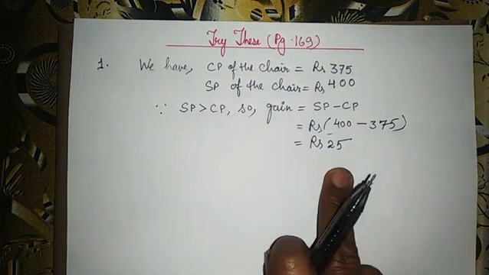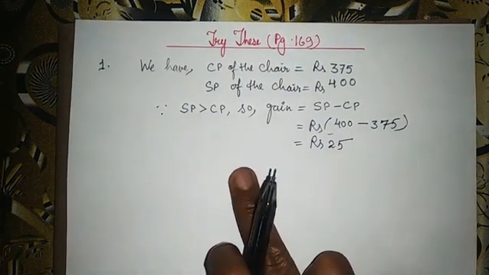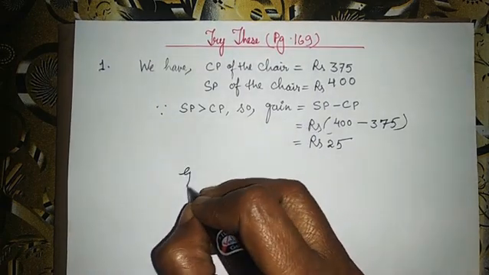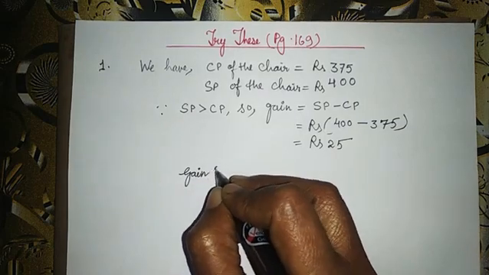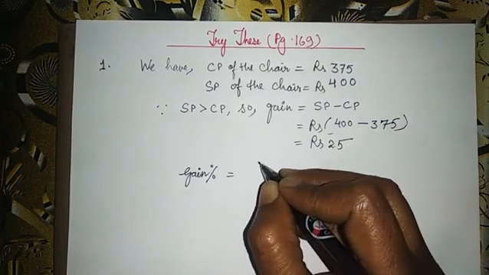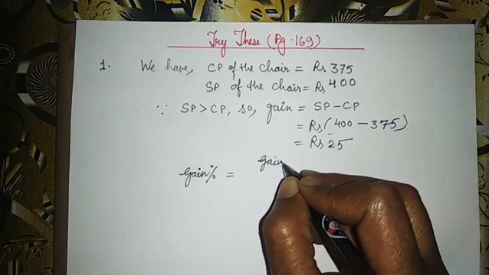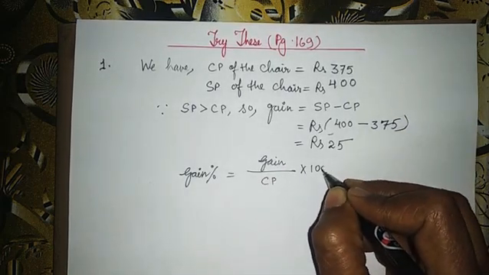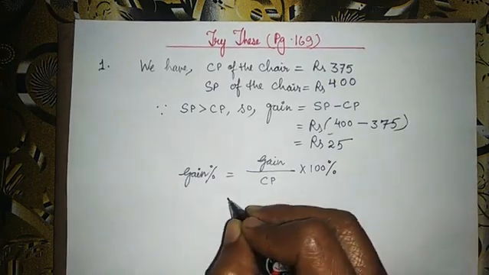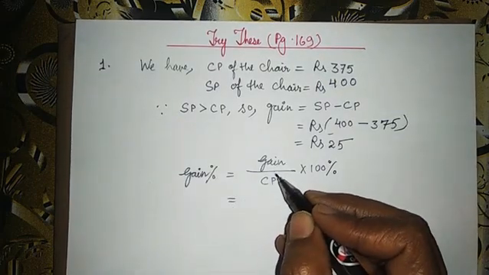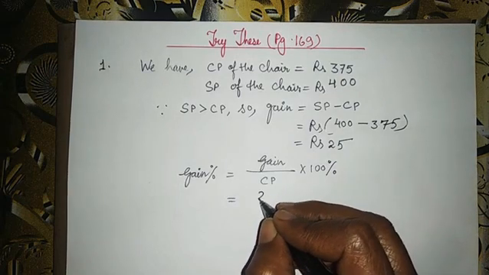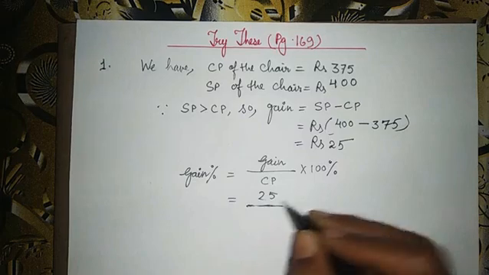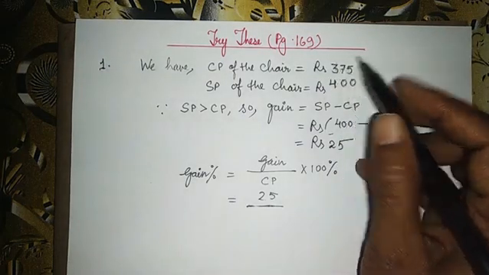Now students, we can calculate gain percent because gain we have calculated here. Gain percent is equal to gain upon CP into 100%. Now gain is rupees 25 and CP how much? 375.